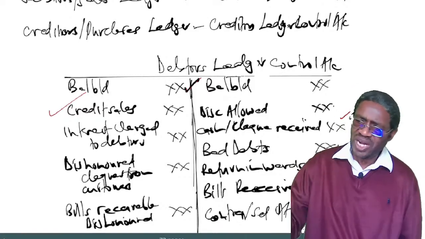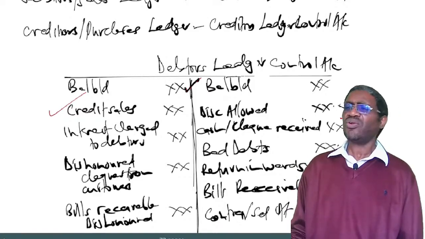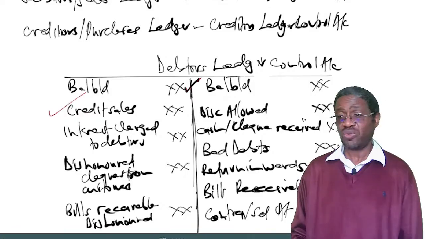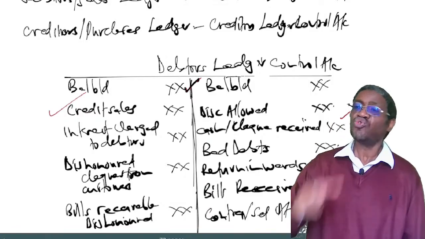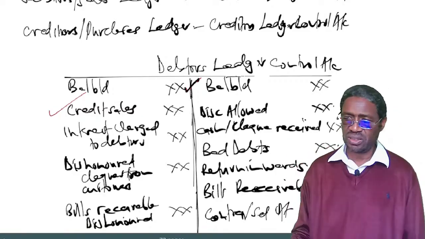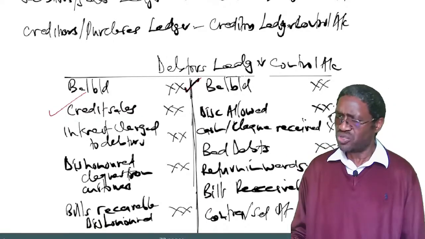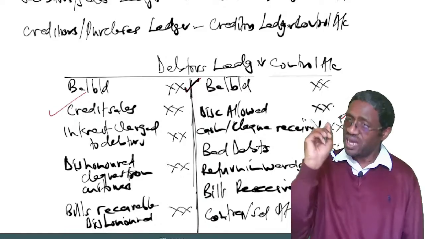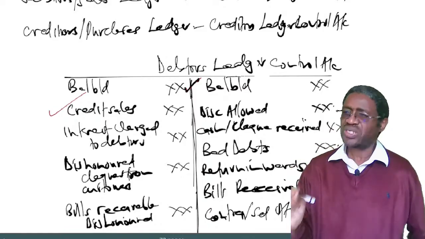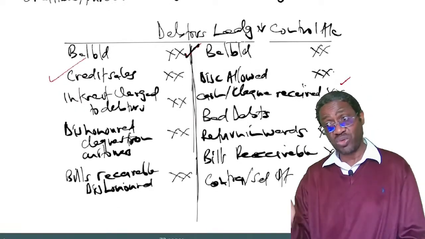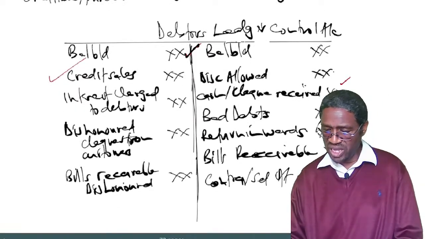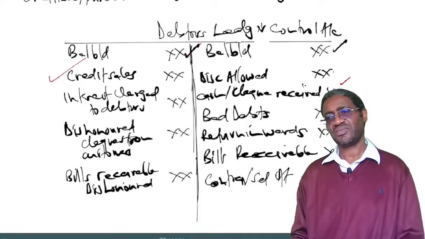So by end of last year, you are not demanding from them like most of your customers. No. By end of last year, you owe them instead. Meaning you have a liability to them. A liability is always a credit balance. So if you have a few of those customers, then you bring down their balances on the credit.